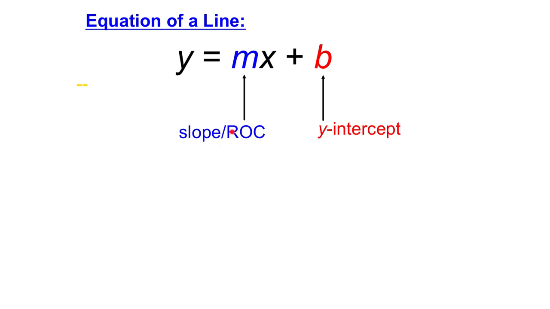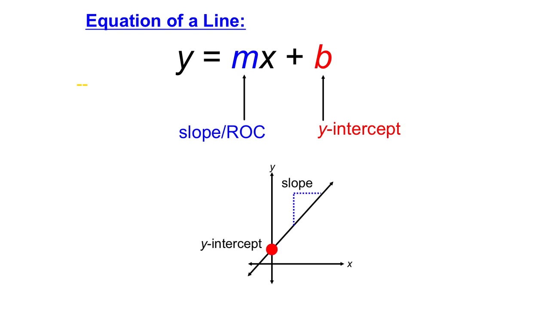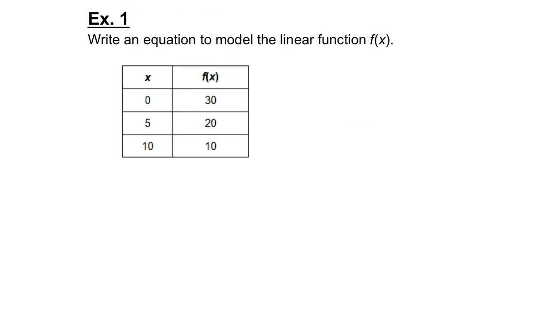If you know the slope and the y-intercept, you can then determine the equation of the line. So just remember, y-intercept is where the line crosses the y-axis. And the slope is rise over run. So here's an example that you can try to work out.